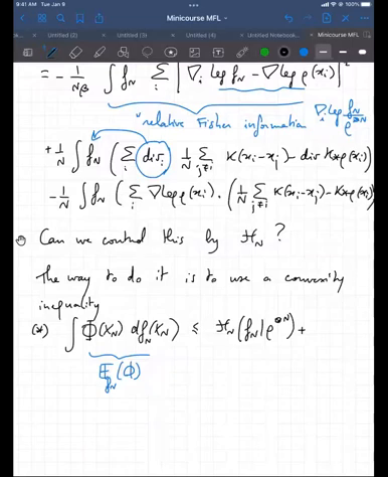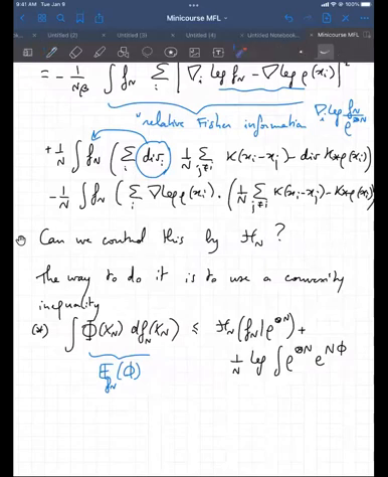So you're going to put a 1 over n log integral of rho tensor n times e to the n phi. And because you could stick in 1 over eta and an eta in a convexity inequality, you have a little parameter that you can add if you want.